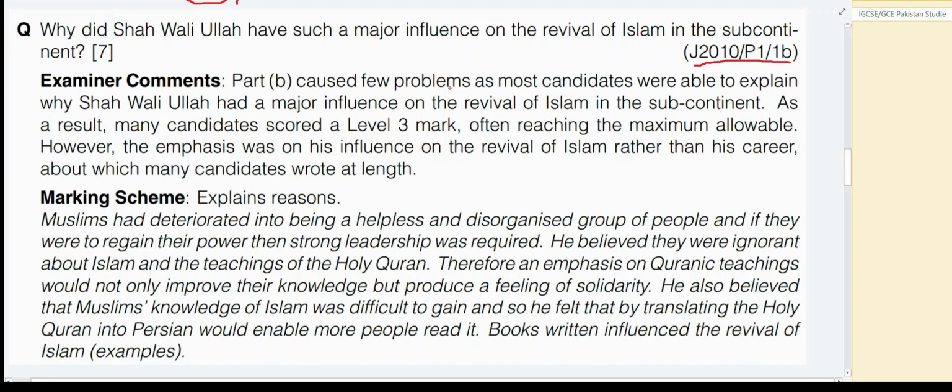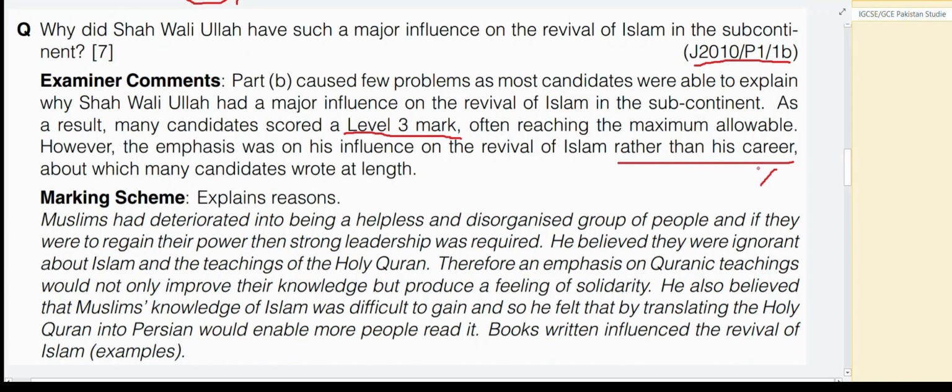Part B caused few problems as most candidates were able to explain why Shah Waliullah had a major influence on the revival of Islam in the subcontinent. As a result, many candidates scored a level 3 mark. Remember, there are 4 levels, right? Often reaching the maximum allowable. However, the emphasis was on his influence on the revival of Islam rather than his career.